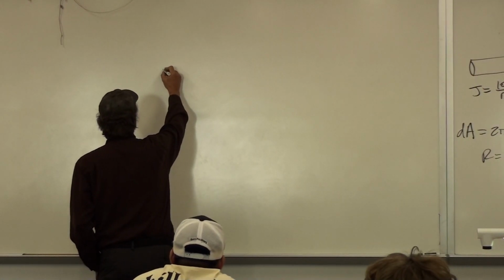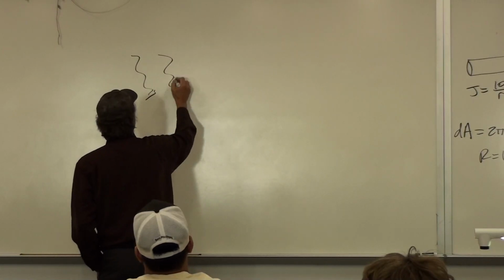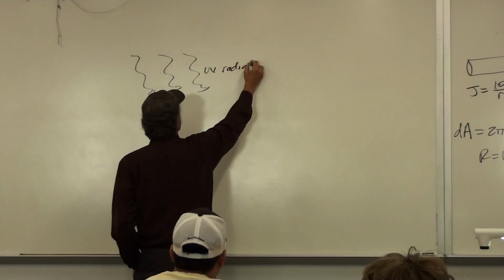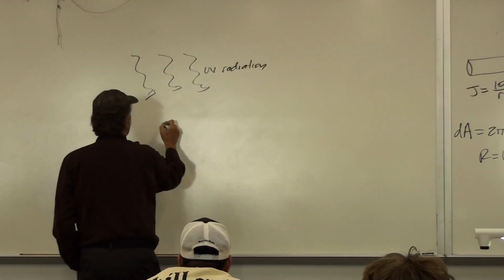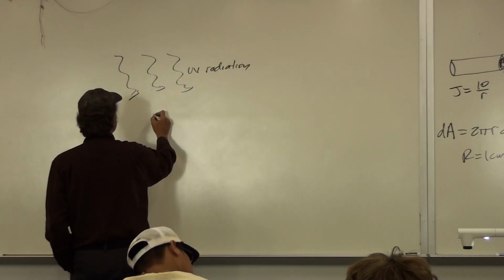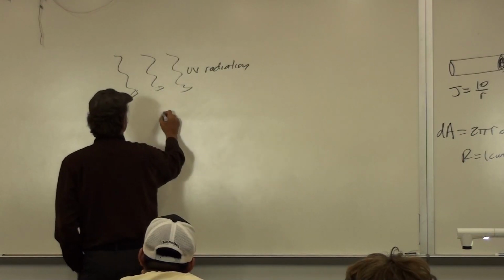And so the question is, because of ultraviolet radiation coming in from the sun, what ends up happening is that this produces ions.